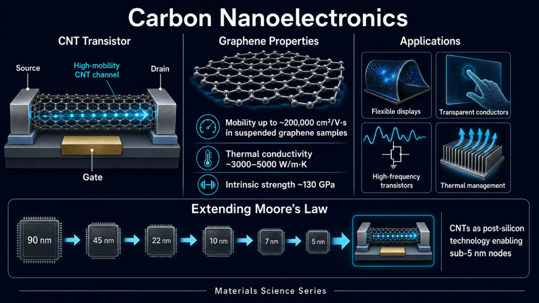Transparent conductors using graphene or CNT networks can replace indium tin oxide in touchscreens, offering flexibility that brittle oxides can't provide. Thermal management solutions use graphene's conductivity to dissipate heat in electronics. While challenges remain in large-scale manufacturing and consistent properties, carbon nanomaterials are steadily moving from lab curiosities to commercial products.